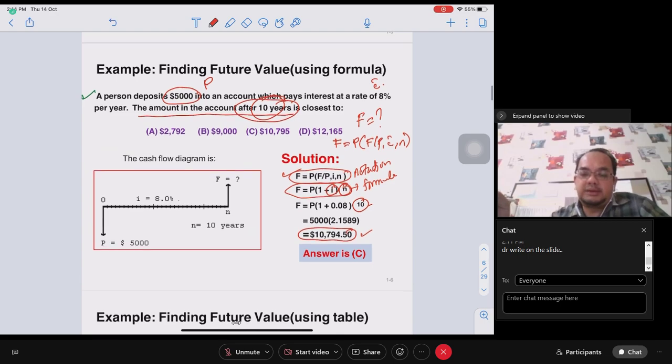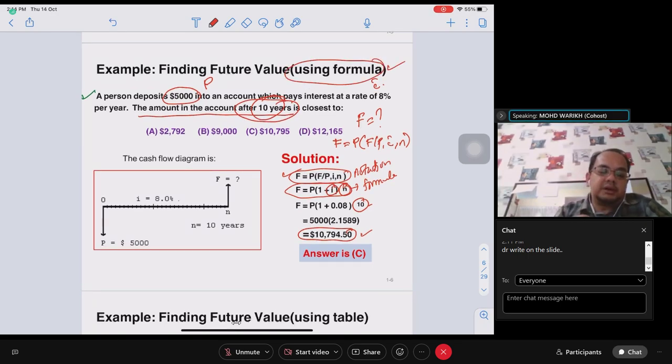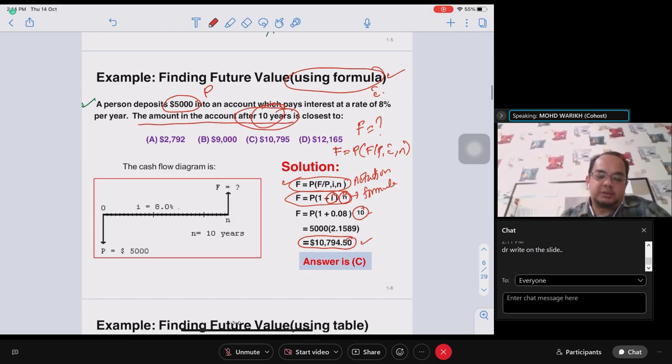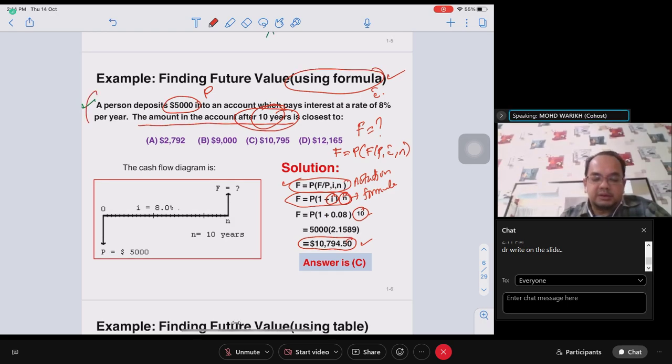You can easily use the formula. Before that, from this information, just convert it to the cash flow diagram: P is given, 5,000, and F you have to find, with the number of years 1, 2, 3, 4, 5, 6, 7, 8, 9, 10.